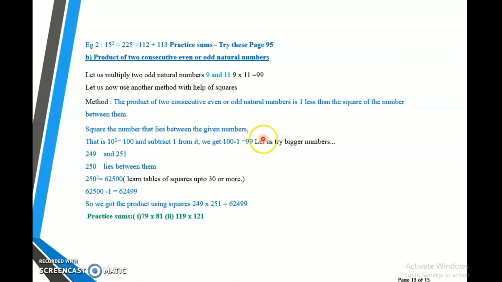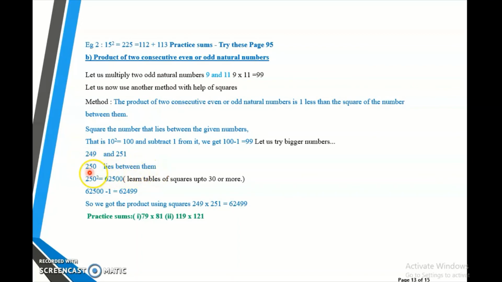I repeat, the more examples you do, the better you understand these properties. Let us try another, bigger number for your understanding. What is the product of 249 into 251? It is a very lengthy sum, but we can do it using square numbers. The number lying between 249 and 251 is 250.